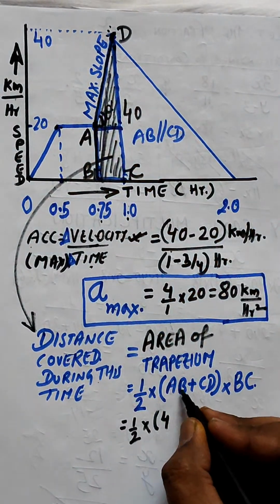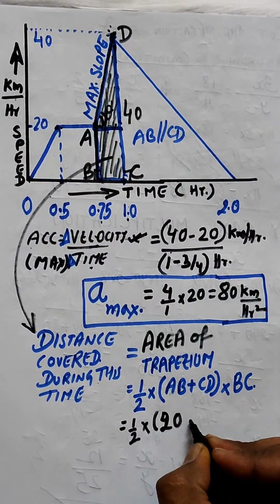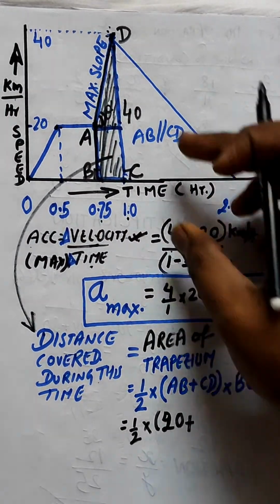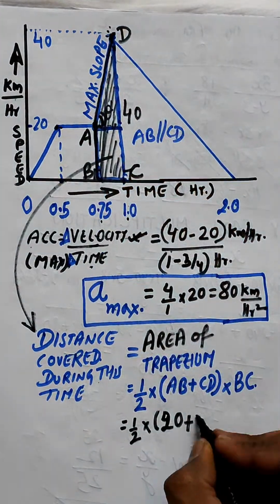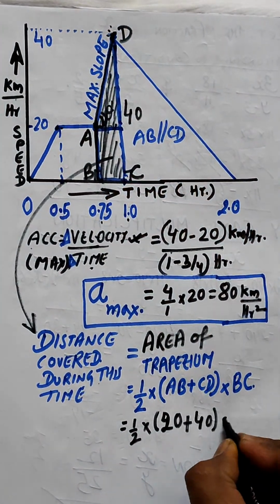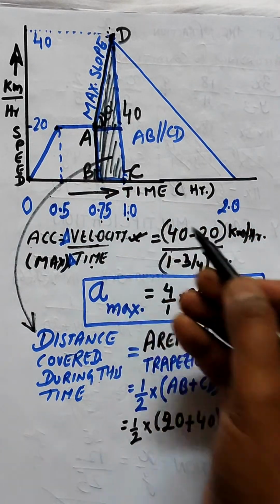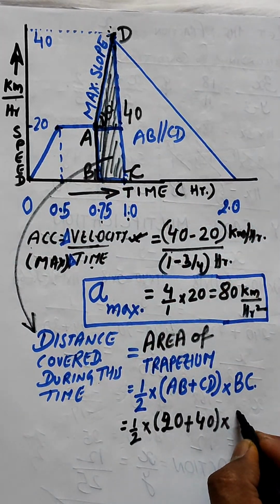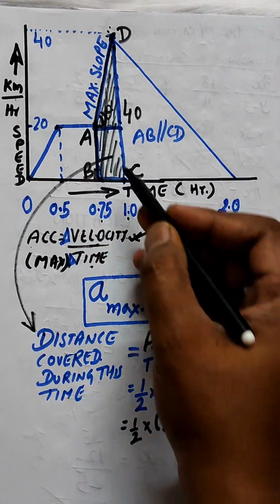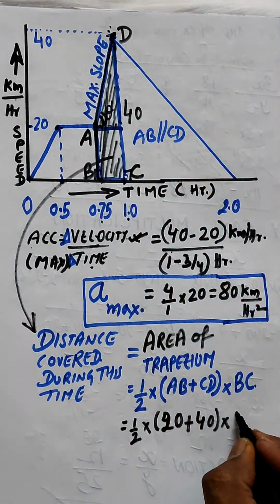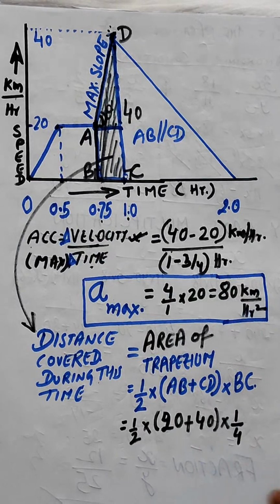So, first write the value of AB, that is 20 plus CD, CD is 40, into BC, B to C, that means 0.75 to 1, that is 1 by 4 hour, which we have already calculated, right? So into 1 by 4.